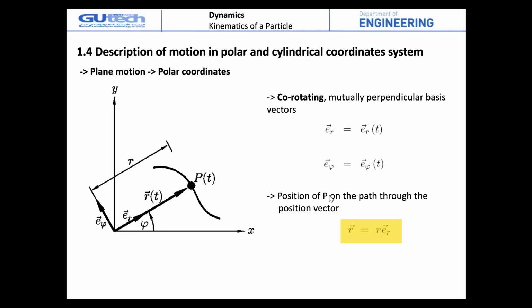So the position of P on the path can be described by the position vector r, which is only the projection of the distance along this axis, projected with the unit vector Er.